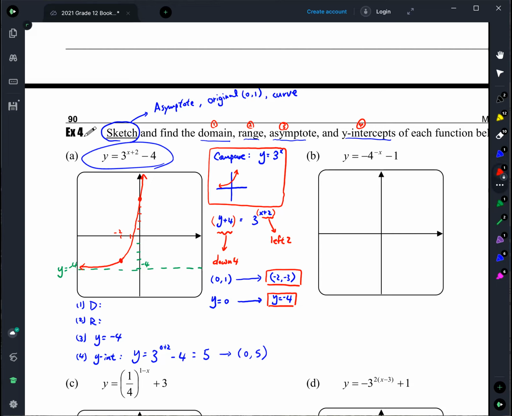Okay, so on the homework, right, what you need to show for the sketch are the 3 things here. Okay, first one is the special point, right? I put a star there, and then the asymptote line, the green line, you need to show that as well, and the curve.